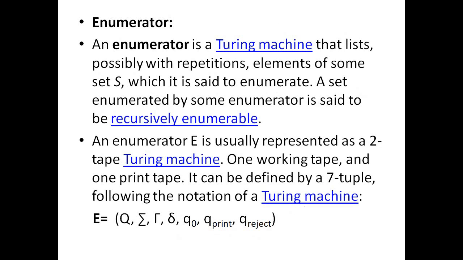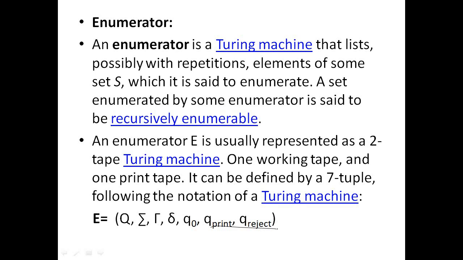Next, the enumerator. An enumerator is a Turing machine that lists, possibly with repetitions, the elements of some set S, which is said to be enumerated. So it may produce a list of repeated data. Here we have two states, Q print and Q reject.